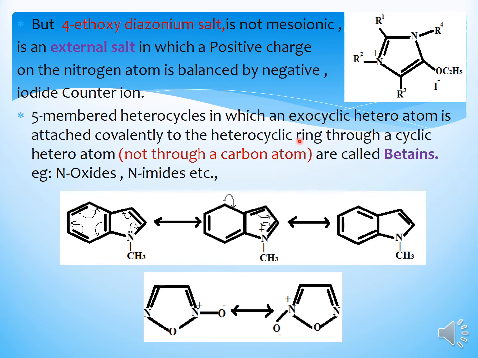It should be purely heteroatoms. Okay, so such a 5-membered ring wherein the heteroatoms are attached in it, not the carbon atoms, such cyclic heteroatoms in heterocyclic rings are known as betaines. Okay, for example, this is your example, like this is your N-oxides and N-imides.